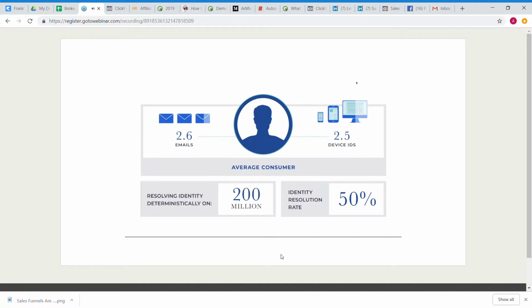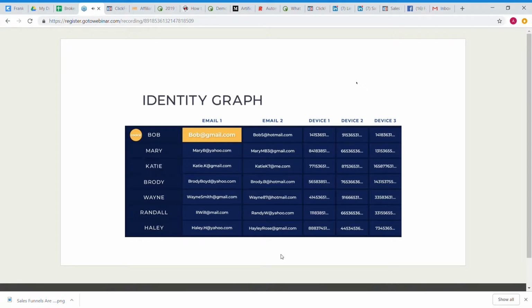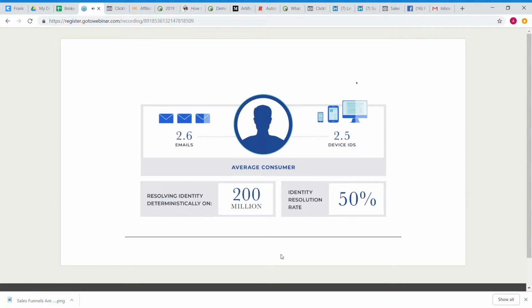And as of today, on average, we can identify at a 50% deterministic accuracy rate the people that come to your website, 50%. Now, we're working on a new program with some new vendors and some new sources, and we think this is going to be 260, which is every US adult, and almost an 80%, 80+% identity resolution rate, and we hope to be there by Q1.